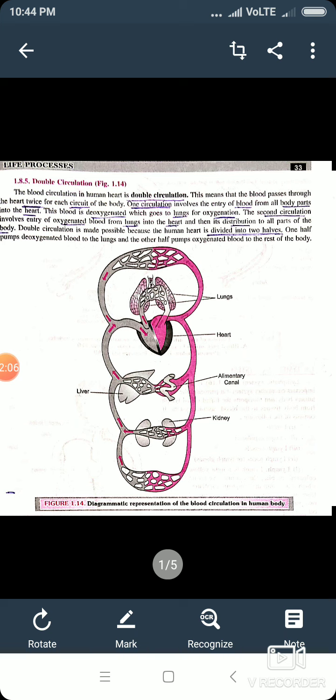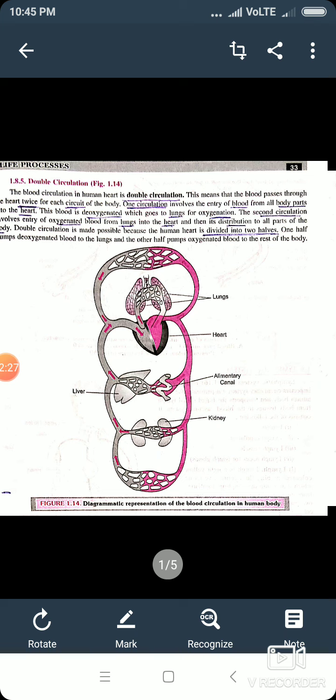And then from the body, the deoxygenated blood comes back again to the heart. But this time it comes to the right part of the heart with the help of superior and inferior vena cava into the right atrium. Then through the tricuspid valve, it enters into the right ventricle.